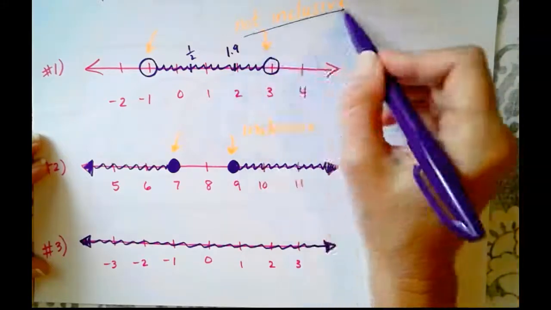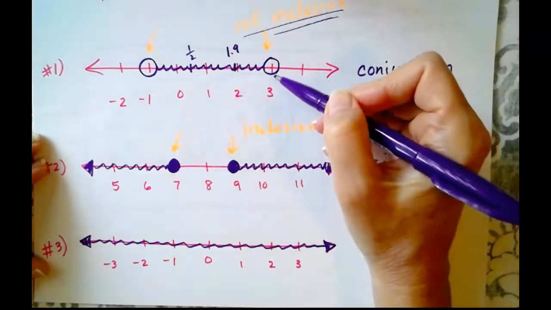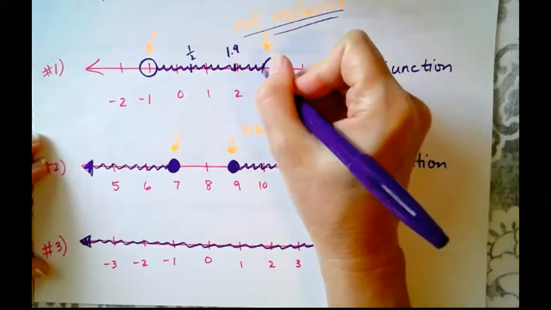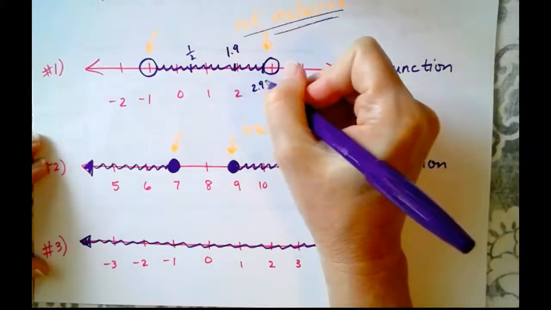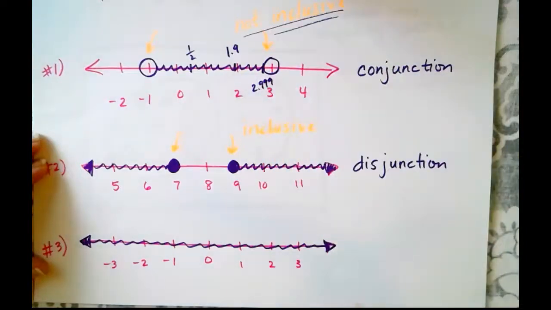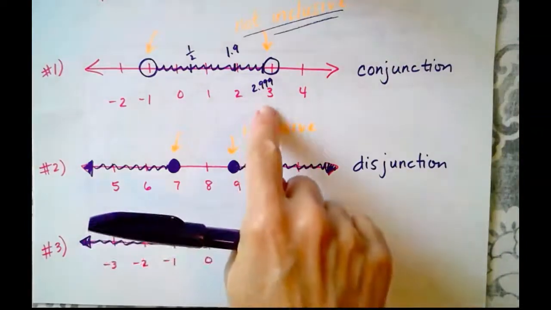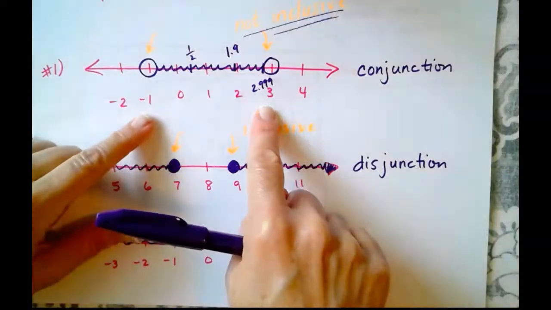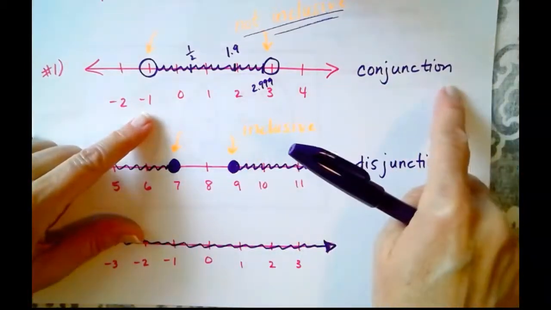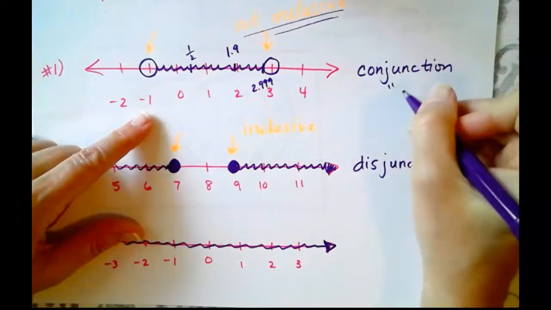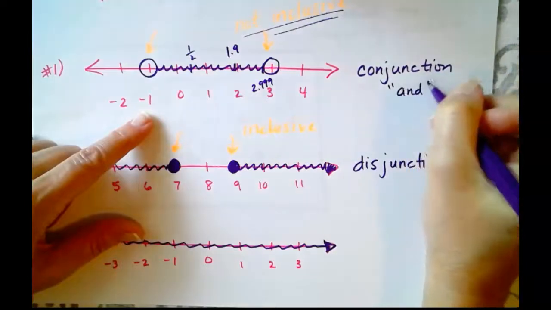So, based on the fact that it's an open circle, we can go all the way up to 2.999 and say 2.999 is in the solution set, but not 3. So if we're going to write this as a conjunction, what we've got here is a situation where we would use the word and.